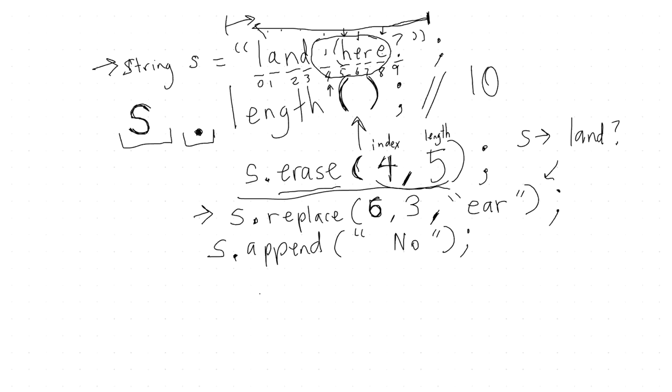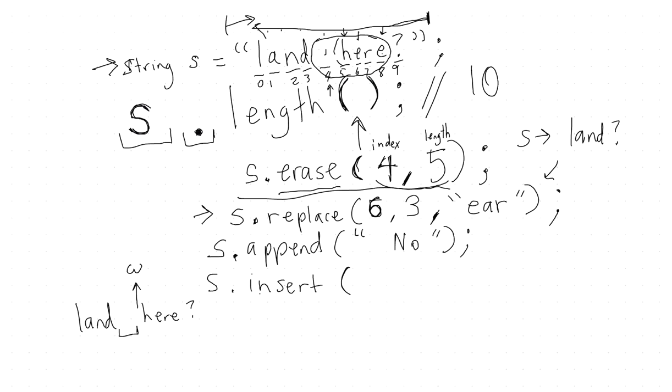Next is s.insert. So s.insert works similarly to replace, only you're not erasing anything. Here you just need to specify what index you want to insert your new string into. So let's say I want to insert a W here.